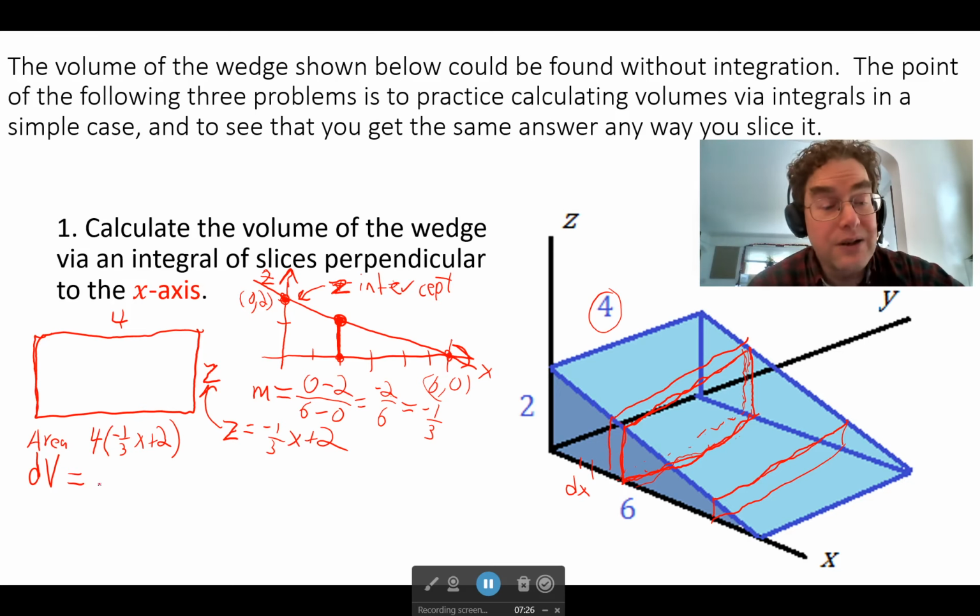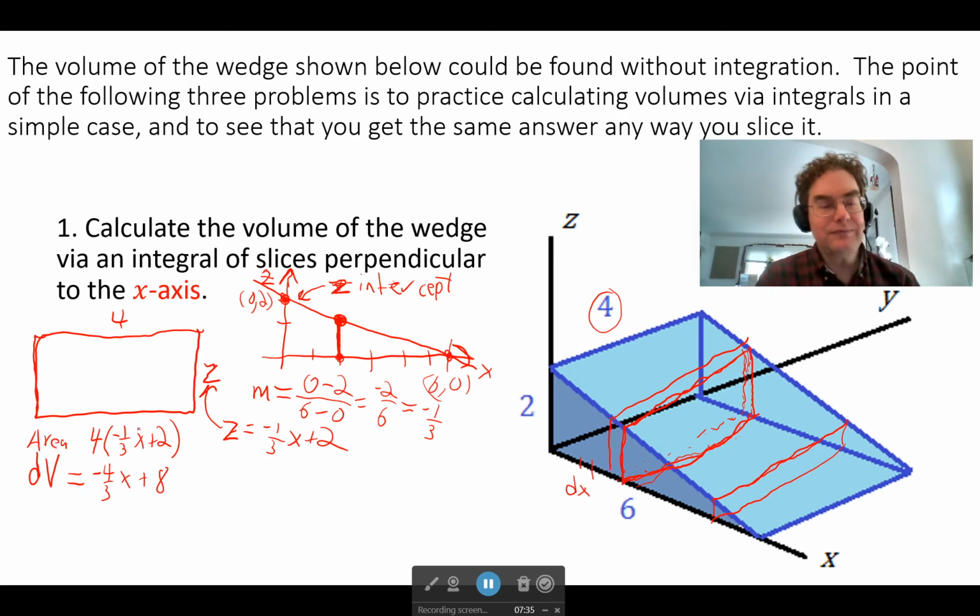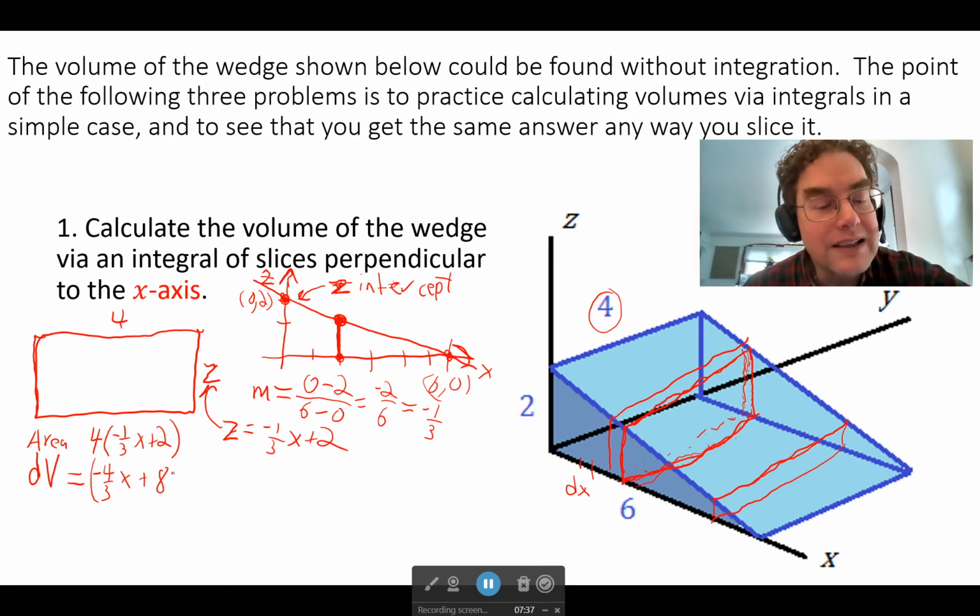Then our differential volume, if we distribute this 4 here, which we can do, we'll have negative 4/3 x plus 8. That's the area, and then multiplied by the thickness, dx, gives us our differential volume.